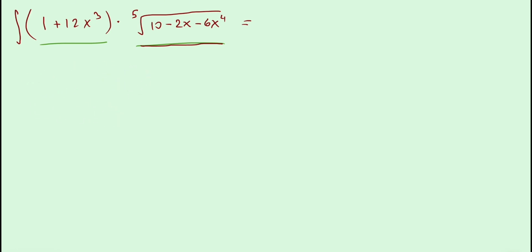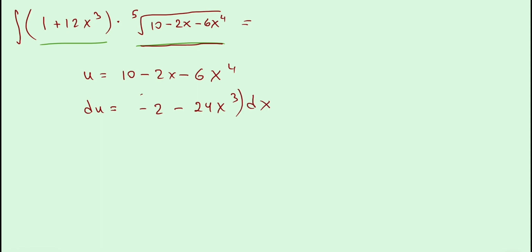Let's try replacing 10 minus 2x minus 6x to the 4th power. When we derive this function, we will get negative 2 minus 24x cubed dx. Now, this looks like a function that would be useful in our case because we also have a cubed root here and we have a constant here.